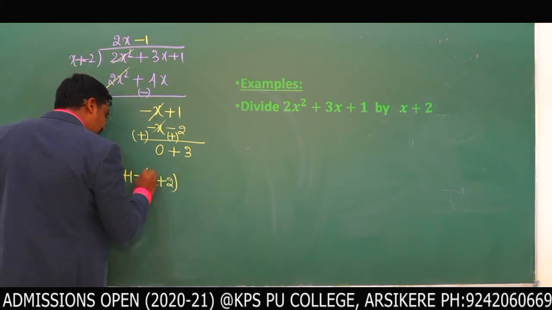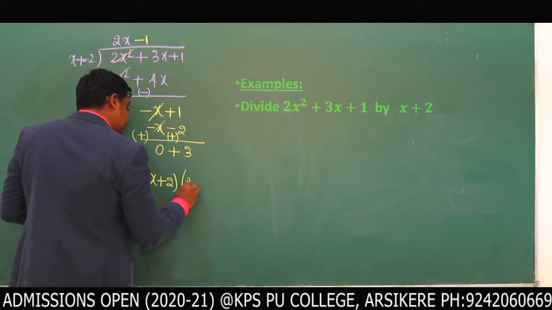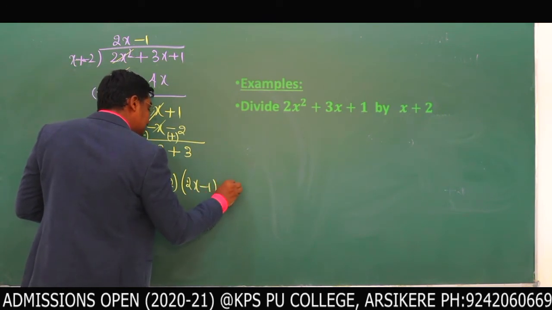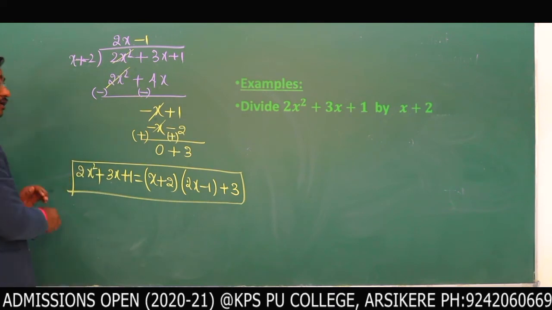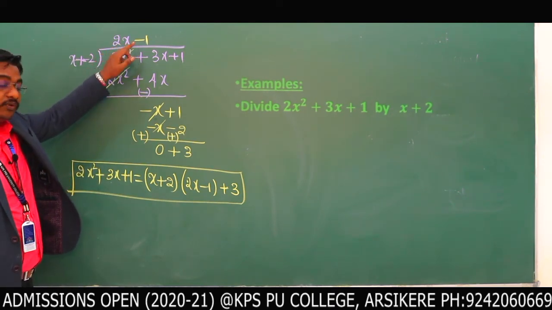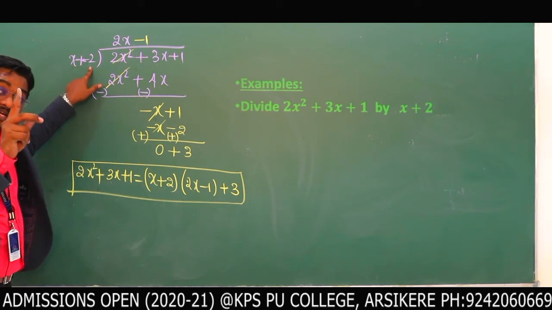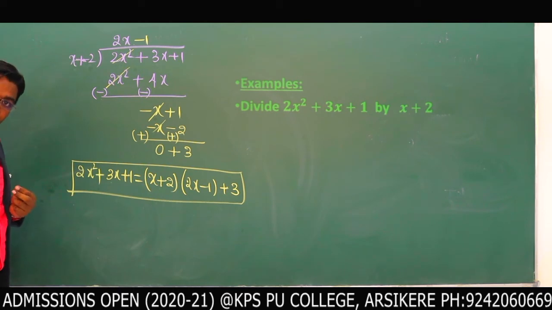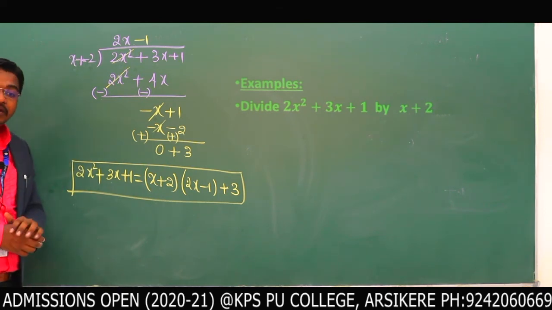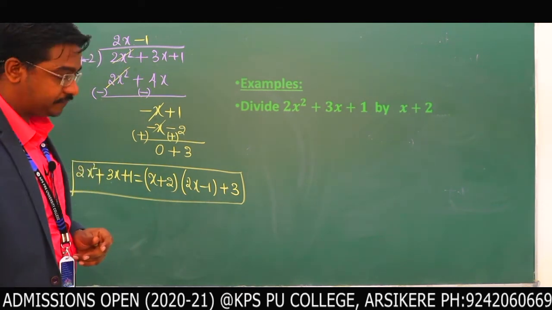X plus 2 and quotient is here 2x minus 1 and the remainder is 3. This is the method to express the given number in division algorithm. ಅರ್ಥ ಆಯಿತು. And remember ಇಲ್ಲಿ ನೋಡಿ 2x minus 1 ಇದೆ, sorry x plus 2 ಇದೆ, this is the divisor of what? 2x square plus 3x plus 1. ಅರ್ಥ ಆಯಿತು ಮಕ್ಕಳ.